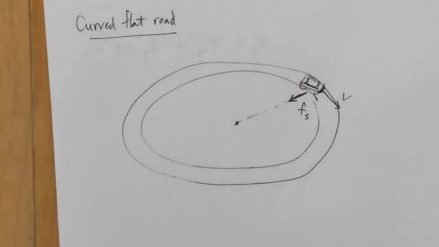You might be confused by that because I told you that static friction is when things are not moving, but kinetic friction is when it is moving.